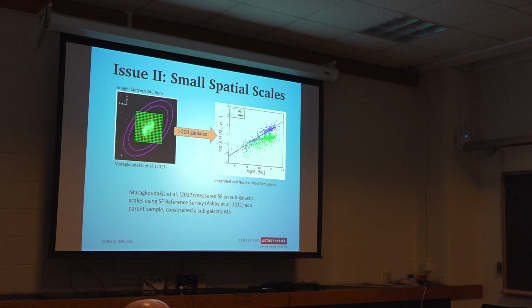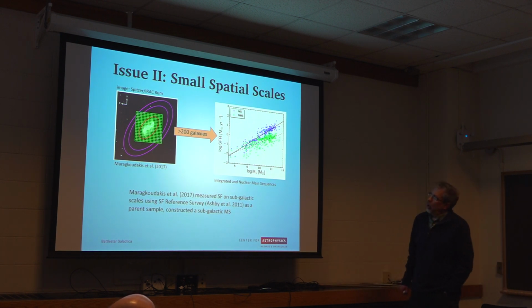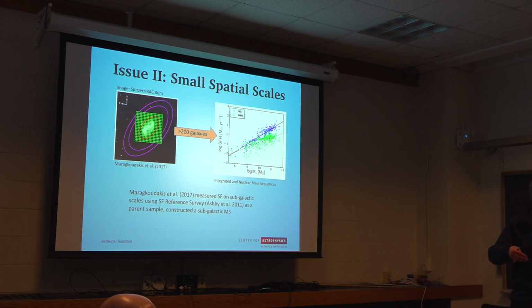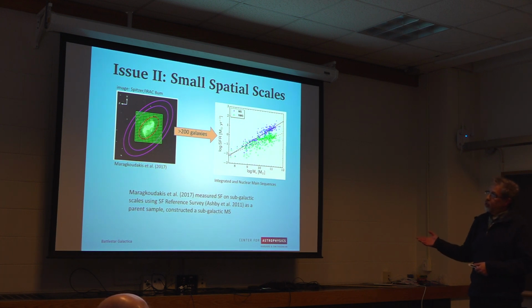So we tried to do something like that ourselves with some of Giovanni's GTO time on Spitzer, where we took a sample of nearby galaxies that we had constructed to be representative of star formation in the local universe, and we observed them with Spitzer at 8 microns.